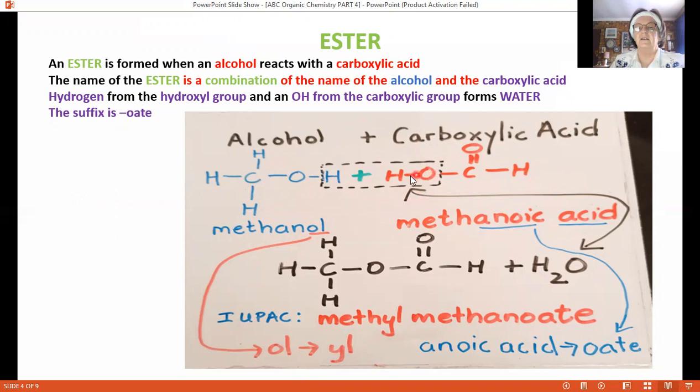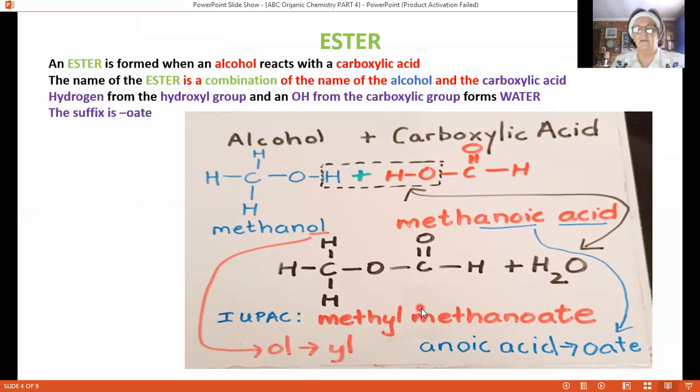So you get the hydroxide here and you get the hydrogen here that forms water. So when we do the ester compounds now, we're only writing this part down because of the two H's and the O that form water. We don't write plus H2O, right? So we're only concentrating on this part when you look at the structure of the ester.